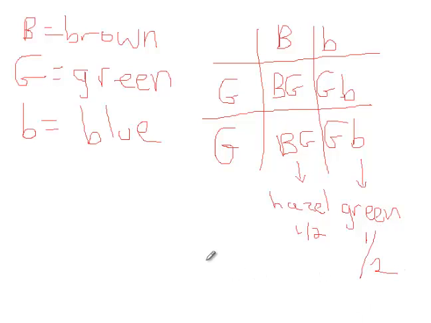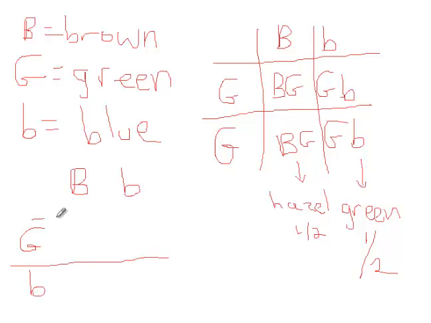Let's take a different example, just my own family. I have particular reasons to believe this, but I think my father happens to be heterozygous brown, so a brown and a blue. My mother, I believe, is heterozygous green, which is a green and a blue.